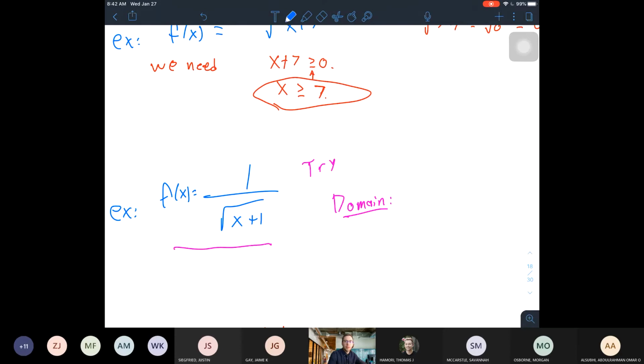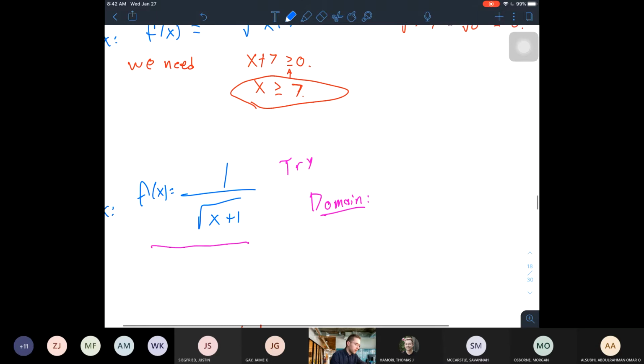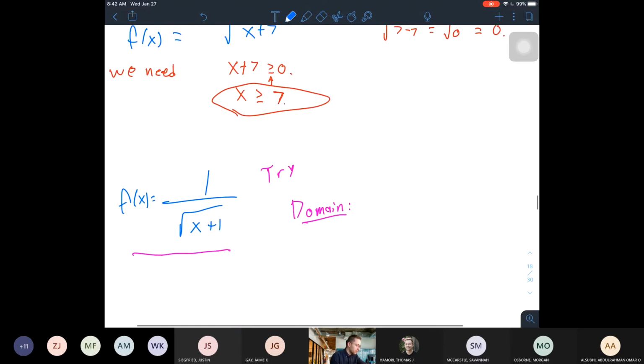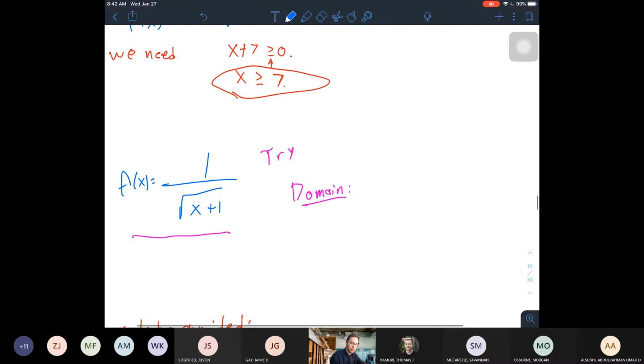All right, let me ask, is there anybody out there who needs a little bit more time to work? Please raise your hand. Okay, seems like everybody's about done. All right, so who can help me with this problem here? Who can give me maybe a concise way to write down the domain of this particular function?